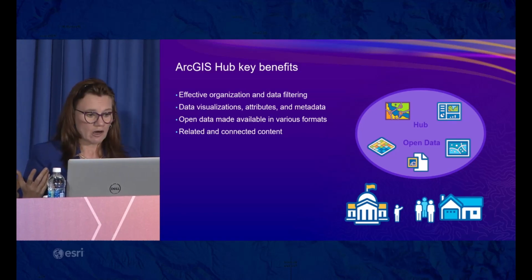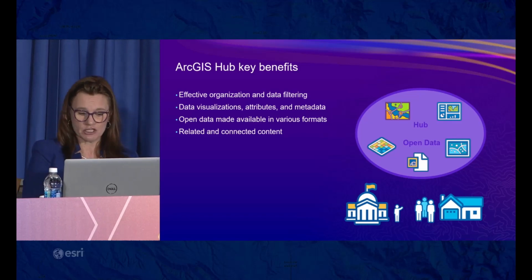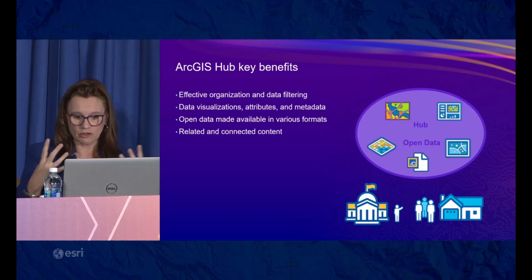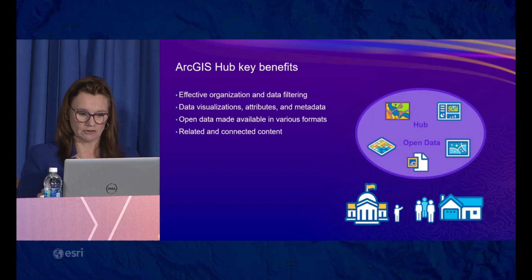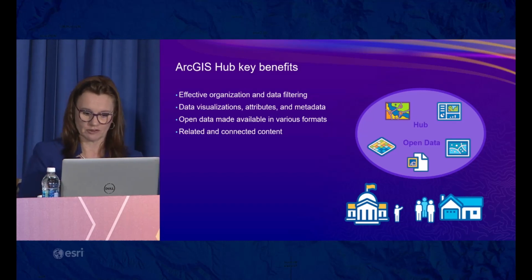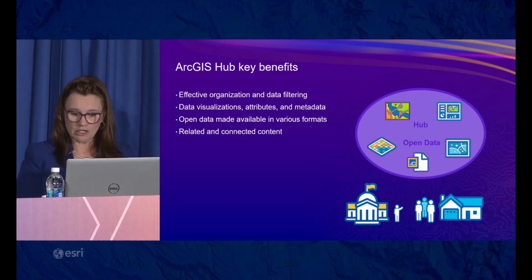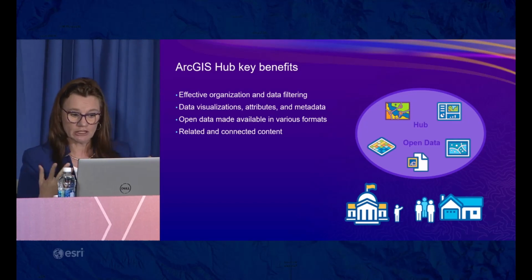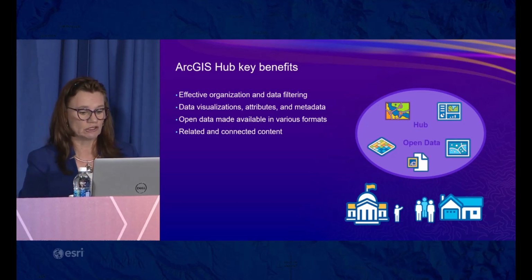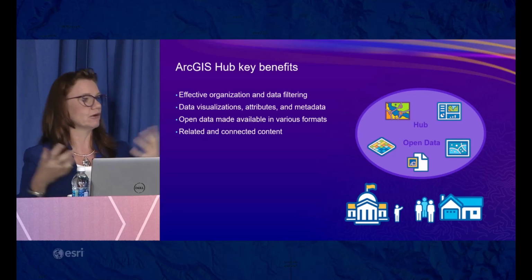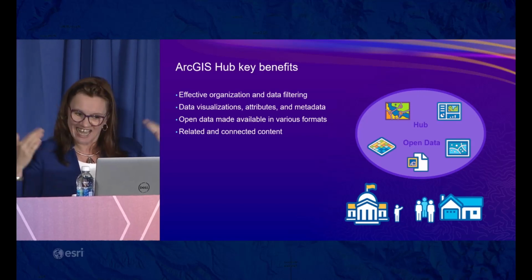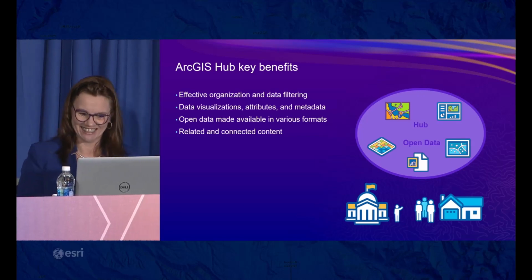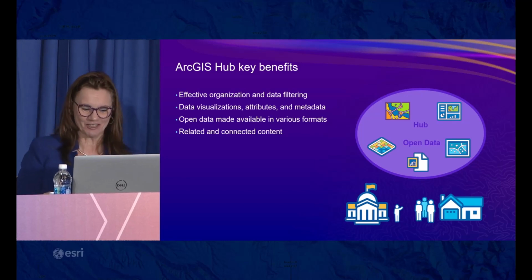So there is quite a few functionality already included in Hub as out-of-the-box functionality, data organization and data filtering. That's, of course, crucial to ensure that anybody who seeks data can actually find that data quickly and effectively.